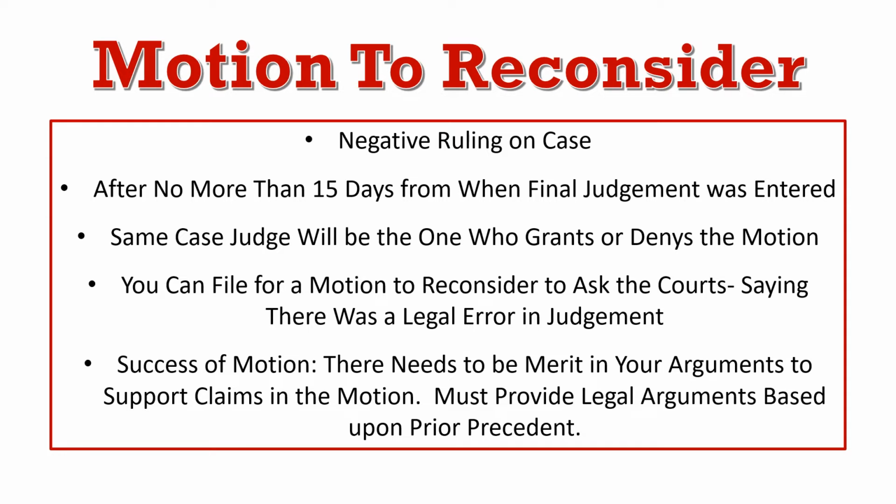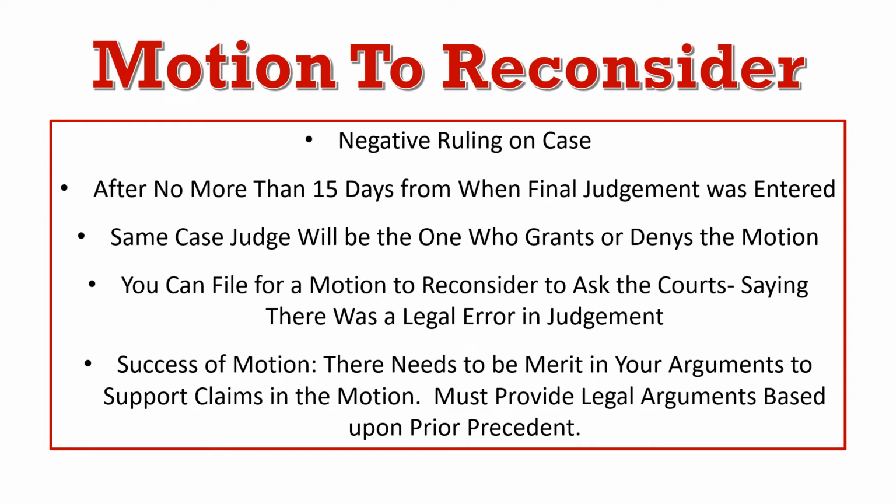So on a motion to reconsider, you will not get it granted just because you do not like the outcome. Because whoever loses isn't going to like the outcome. And we can't just be filing motions all the time because you don't like the outcome and you're upset with it.